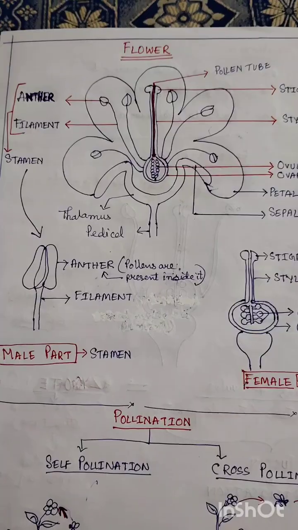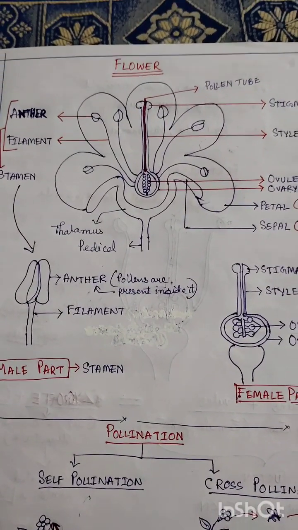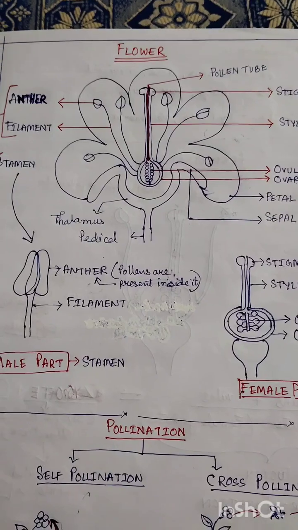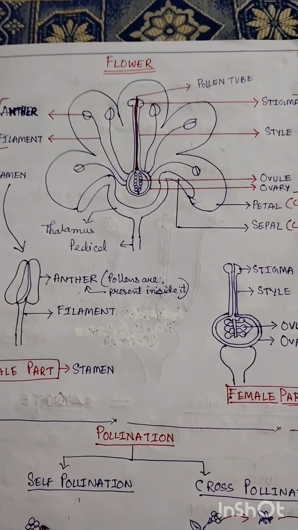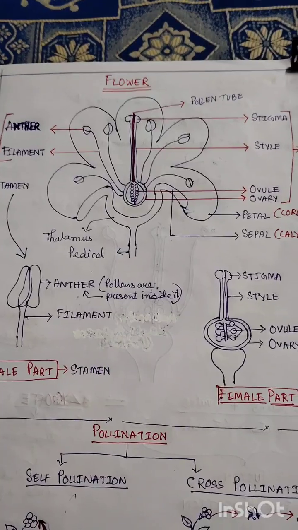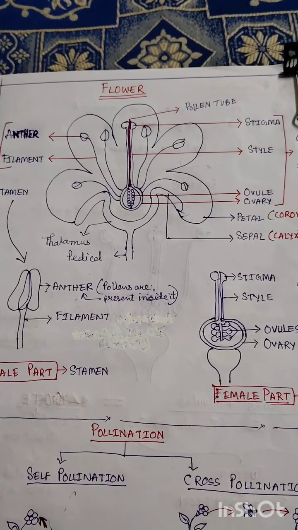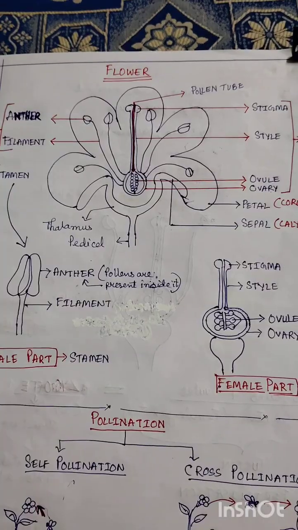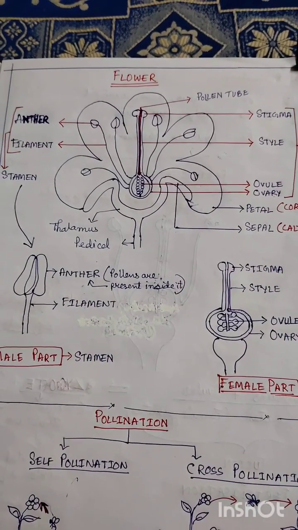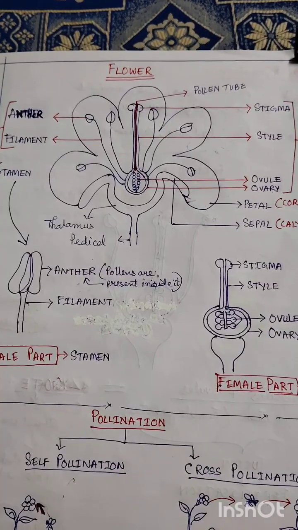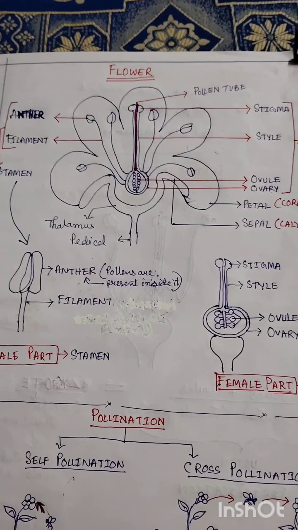See, whenever we see a bud, that means the initial stage of a flower bud, we all see that it is covered with a green leafy like structure. We can't see the petals from the very beginning. Okay, it is covered with a green leaf like structure. That leaf like structure is called sepals, is called sepal, and another name of sepal is the calyx.